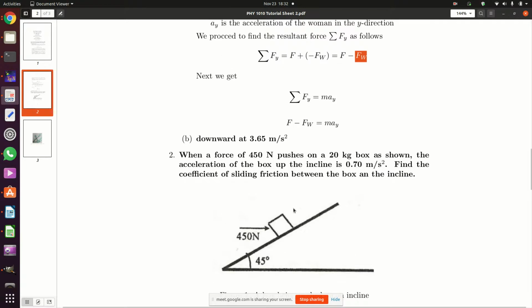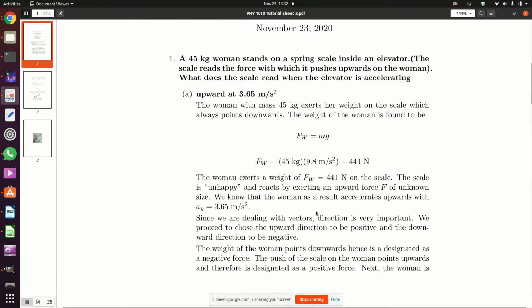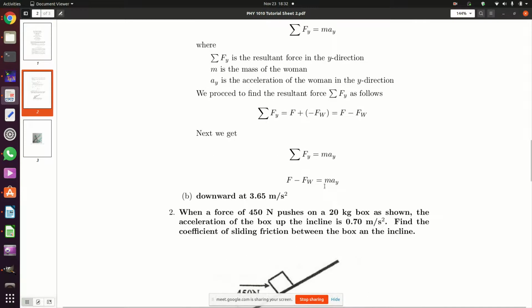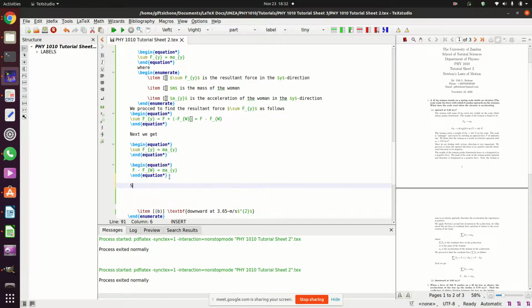Then we already know a bit of things. We know how much this is. The mass of the woman is known. The acceleration is known. So we can substitute these things. Okay. So substituting.